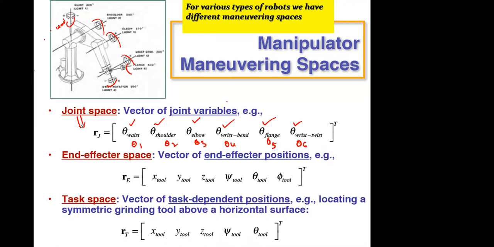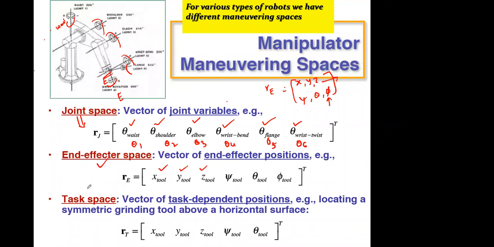What are the positions of the end effector? This is your end effector, which is attached at the end. It has the tool positions in x, y, z. So we represent the end effector as x tool, y tool and z tool. So that gives 3 directions, x, y, z, and 3 more angles, psi, theta and phi. In this way you have 3 angles and 3 linear directions. So that space will be called the end effector space.